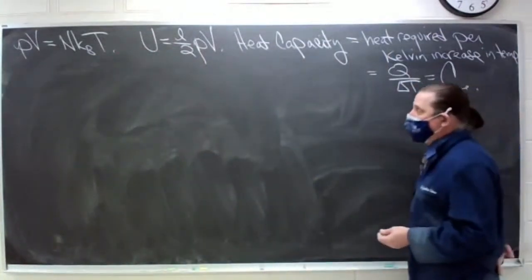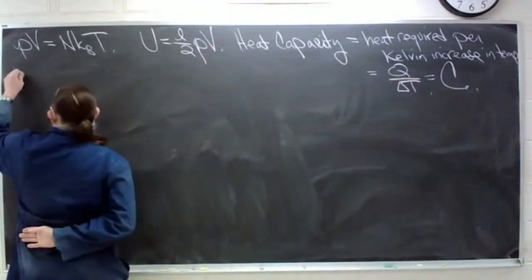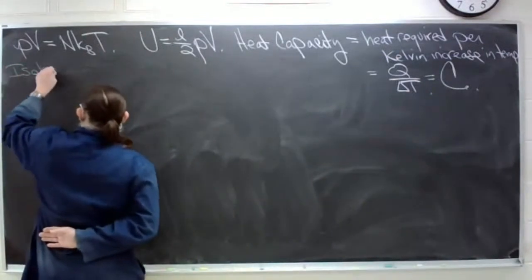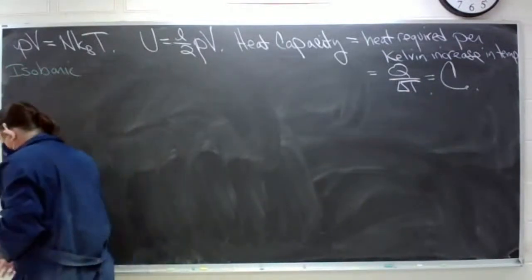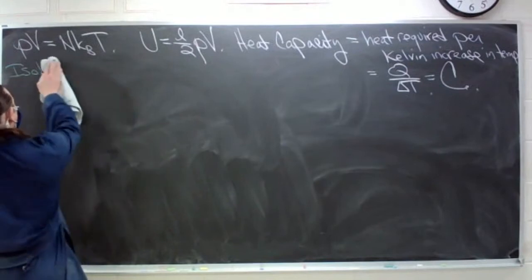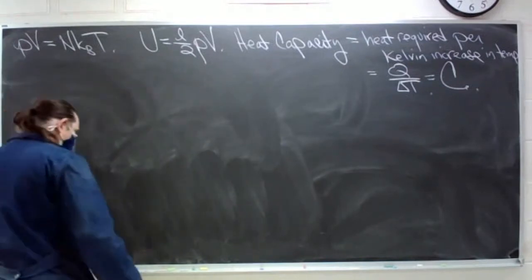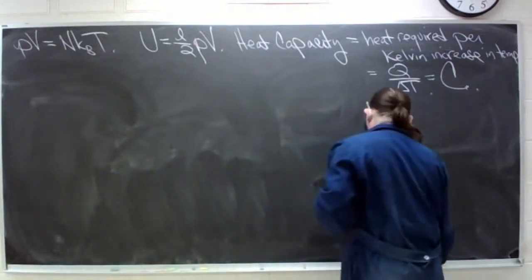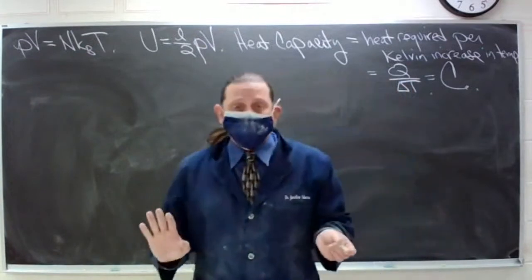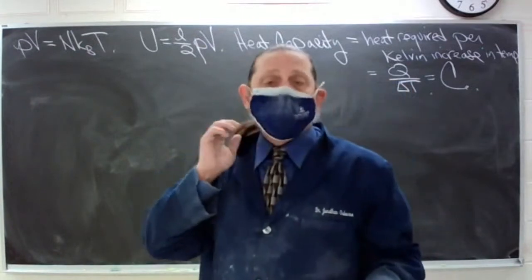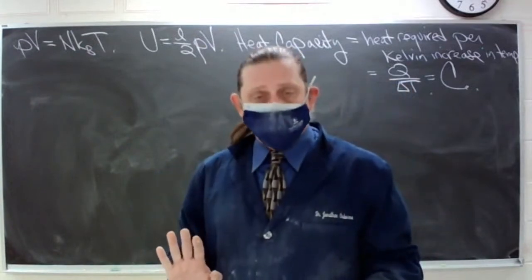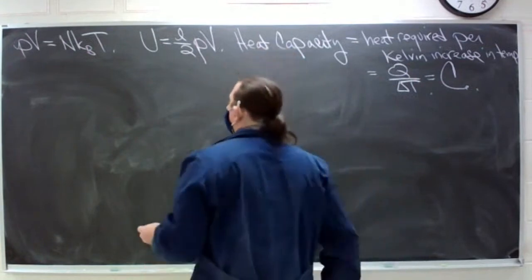All right, so I just wanted to point those out before we start looking at our processes. Our first process is, oh, I forgot, I need to also write down our equation for conservation of energy, our first law of thermodynamics.